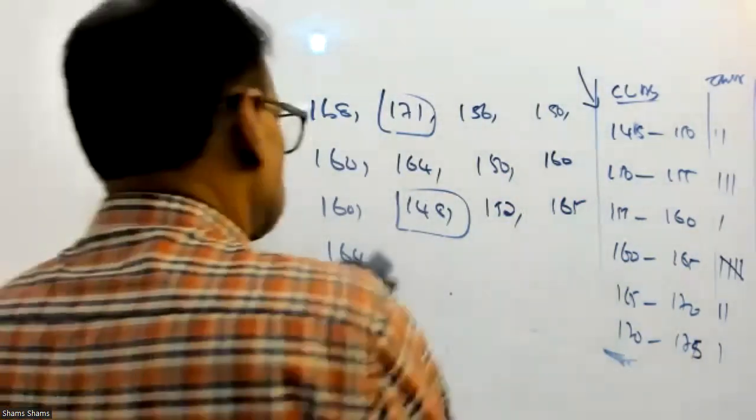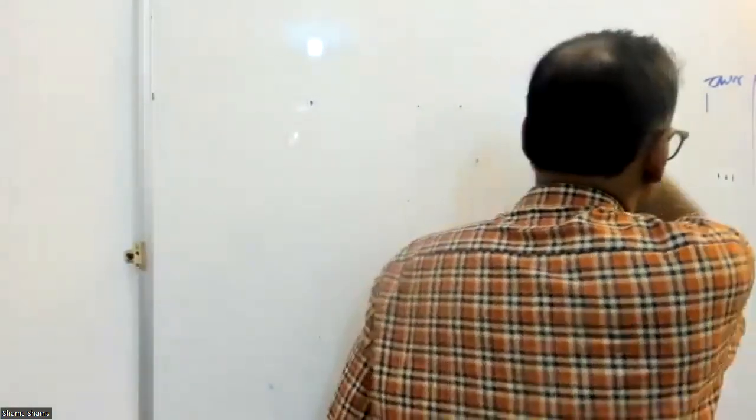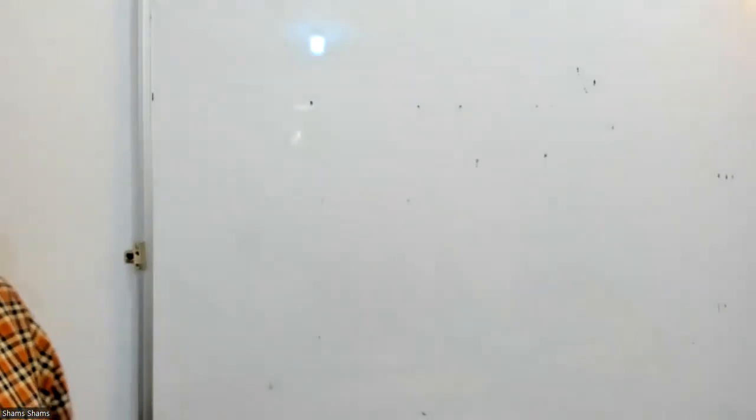Represent the following frequency distribution by means of a histogram. Class, with the scale, you make a table.